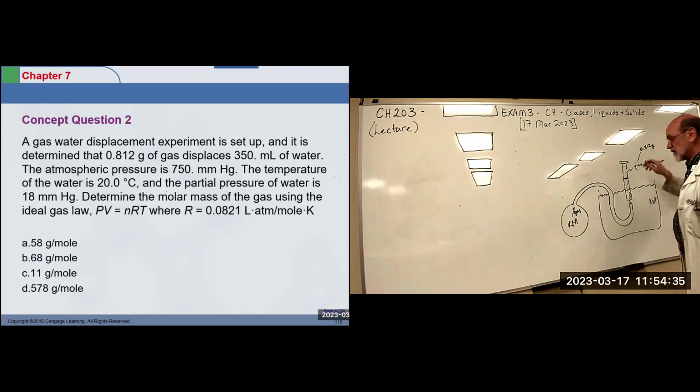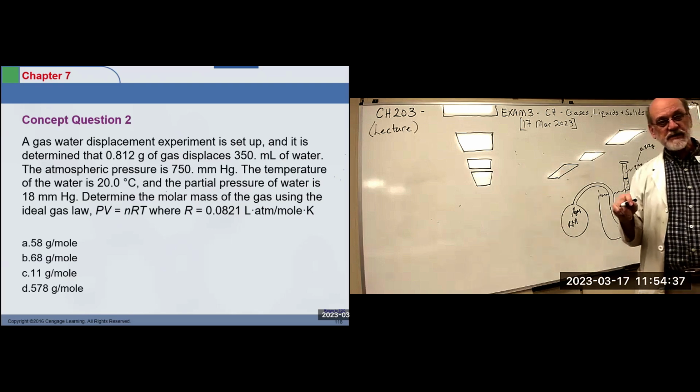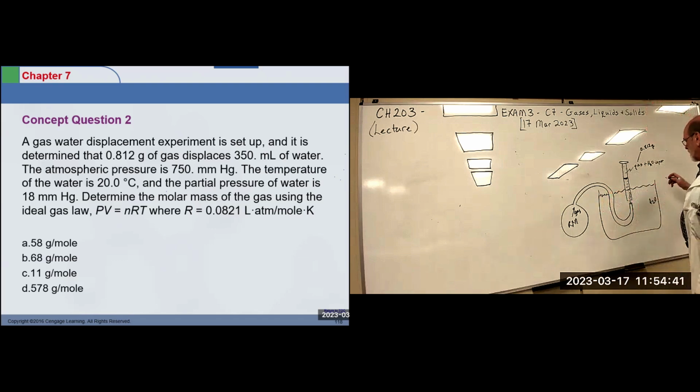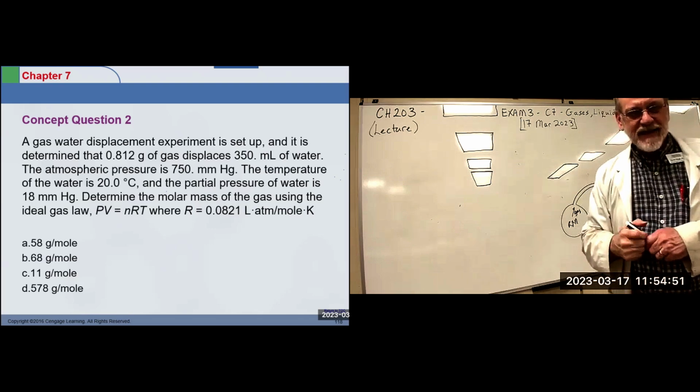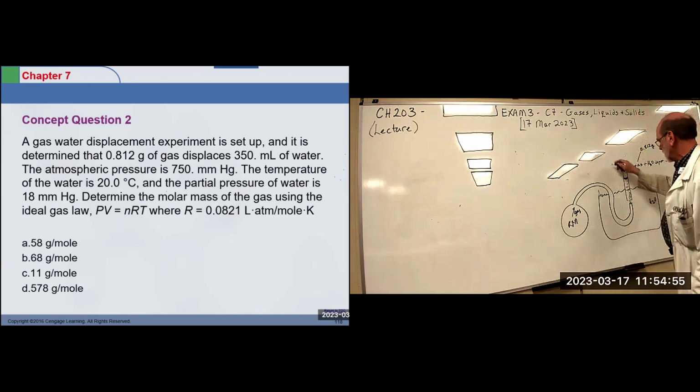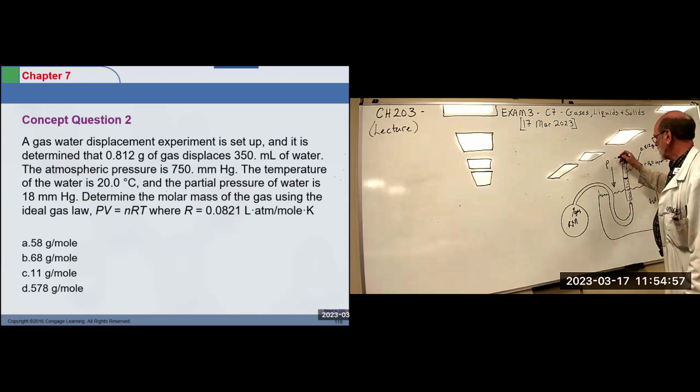0.812 grams of the gas displaces 350 milliliters of water. So this volume, okay. The atmospheric pressure is 750 millimeters of mercury. Right. So pressure is 750 millimeters of mercury.